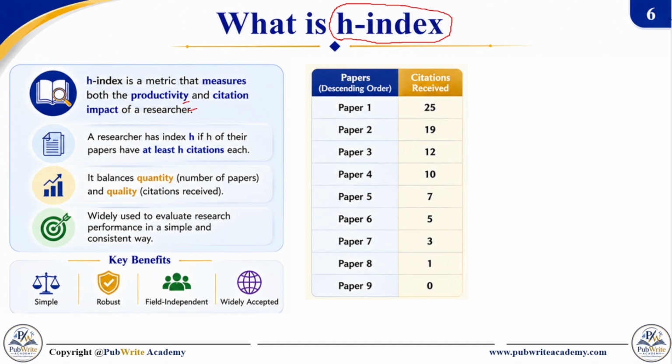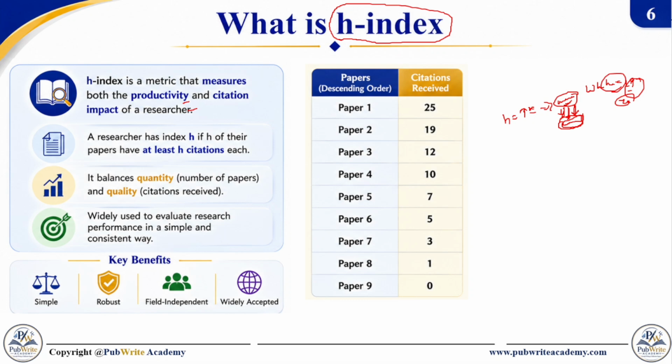The H index, in simple terms, means the number of papers which have at least H or more than H citations. This is very confusing, so let's take one example over here.